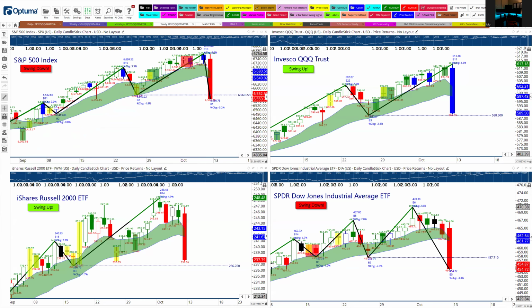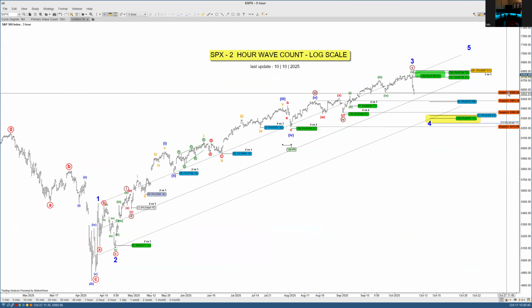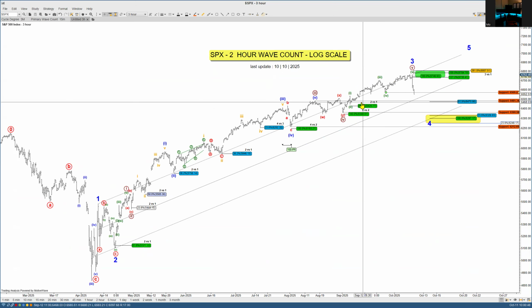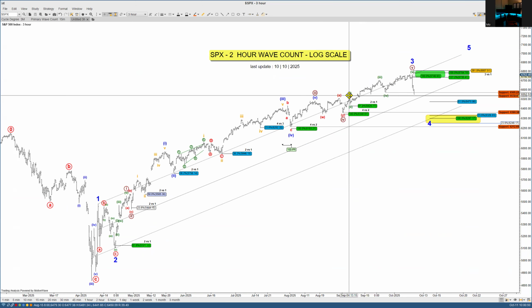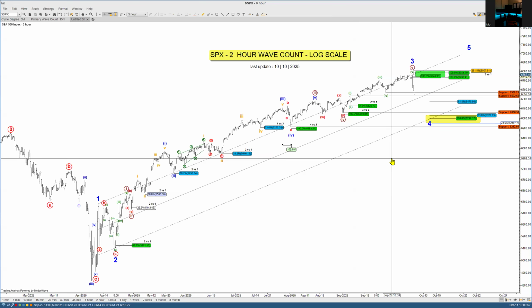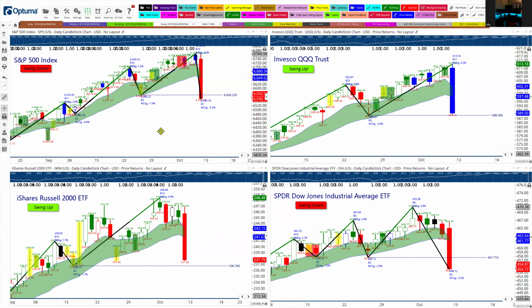65.32. This one I can just draw here on a wave count. This way we'll know exactly.